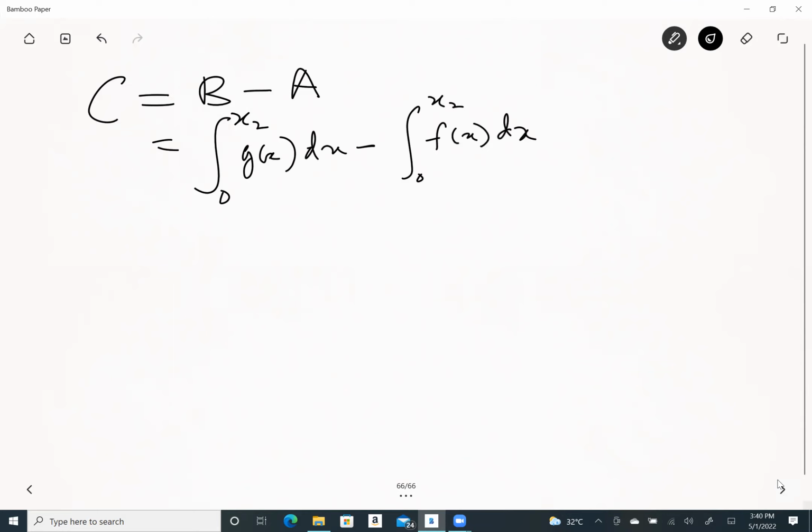So we identify the area that you need, that you want to find, and then we have to formulate how to find it by making use of the functions that are available, and of course the interval.